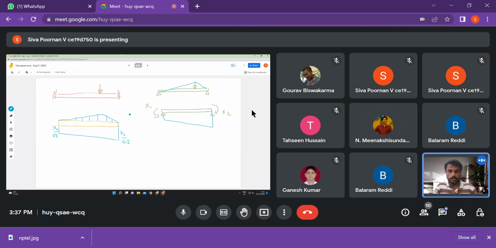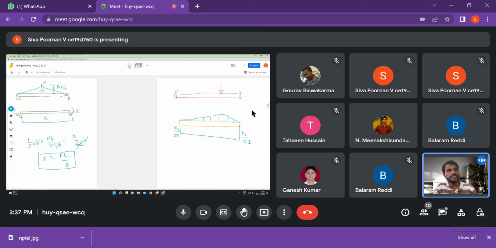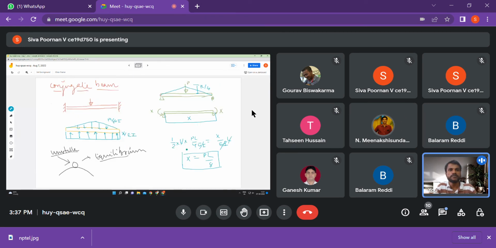The earlier thing we saw had only one equilibrium equation. Usually there are two equilibrium equations, right? One is force equilibrium, another is moment equilibrium. Here we talked only about force equilibrium. Why didn't we talk about moment equilibrium? Because it will be automatically satisfied, because the total force here will be at the center, because of symmetry.